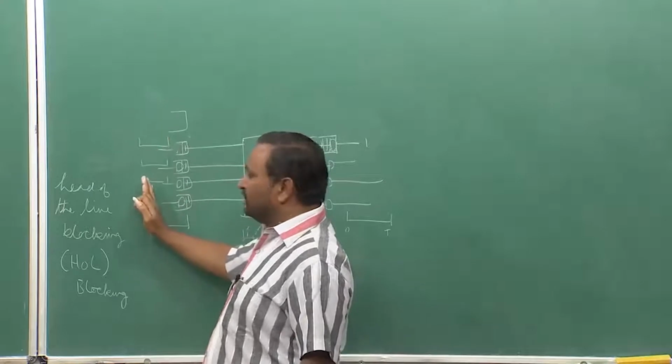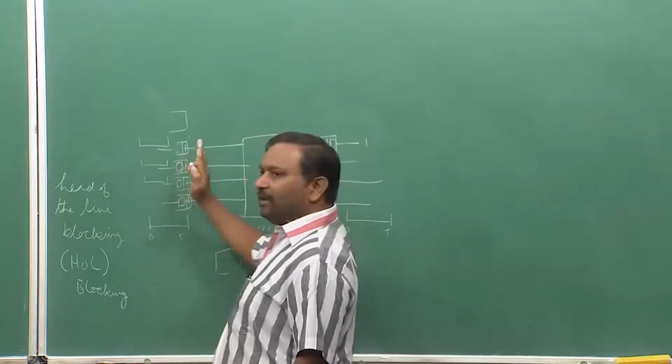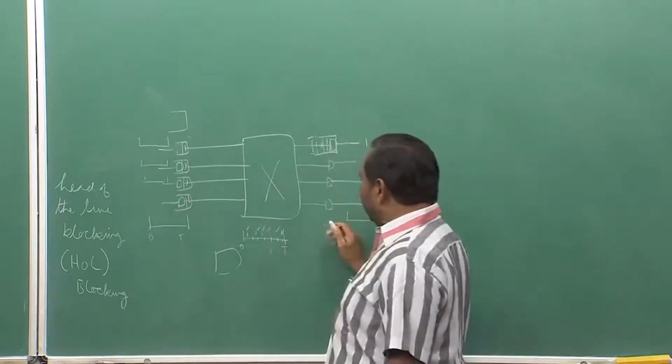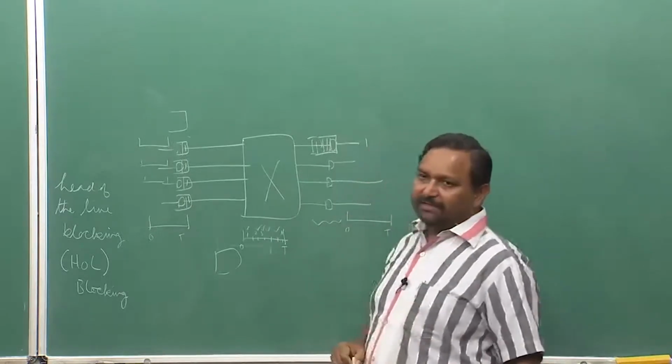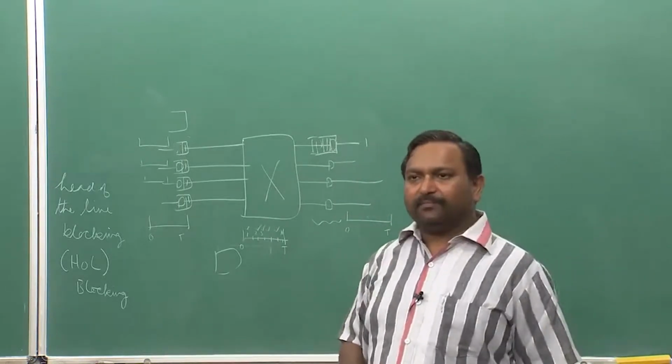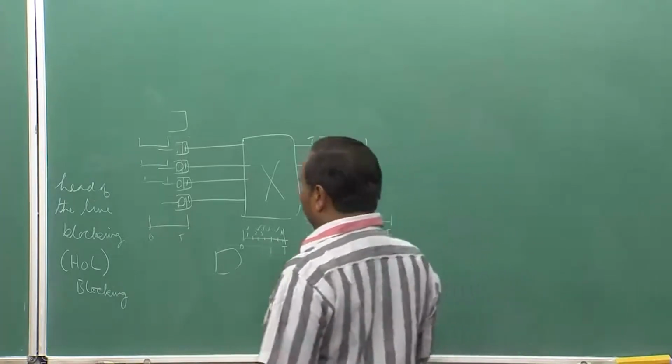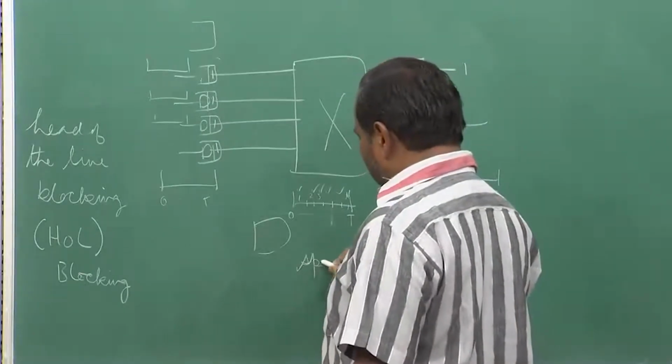In all the synchronized slots, one packet comes in, all of them will be pushed out, queuing will be happening only at the outgoing line, not at the input, when k is equal to n, when the speedup factor is n.